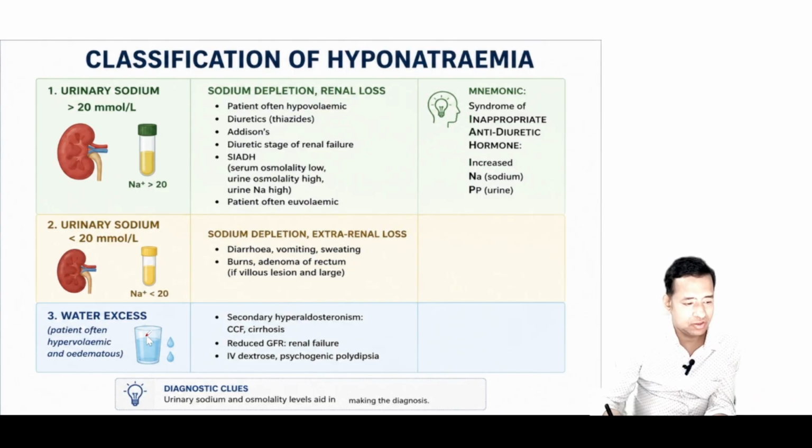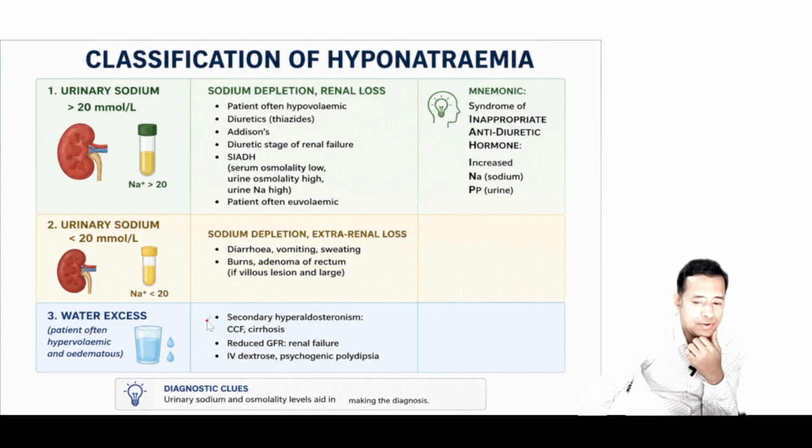So here, water excess is hypervolemic and edematous, we have to know. The body contains too much excess water and water retention exceeds sodium retention. Therefore serum sodium falls here. Common causes you have to know. Renal failure can be one of the causes.